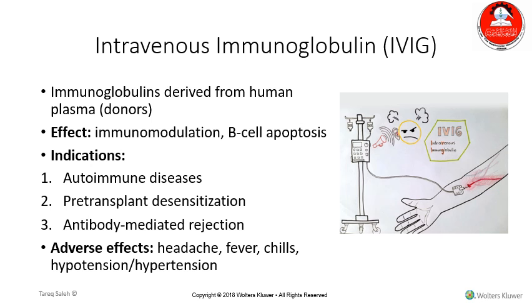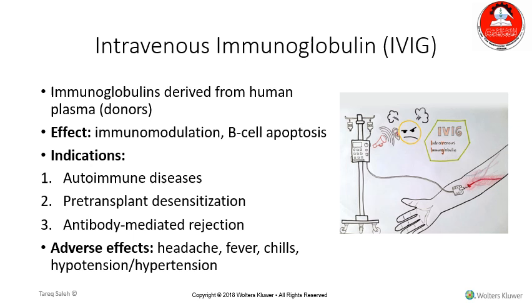And despite that, we don't understand the mechanism of action of these wide heterogeneous immunoglobulins isolated from human blood. They can cause immunomodulation and they can directly result in B cell apoptosis. That's why we can use them for the treatment of autoimmune diseases or to induce immunosuppression in organ transplantation, or to reduce antibody-mediated rejection as well.